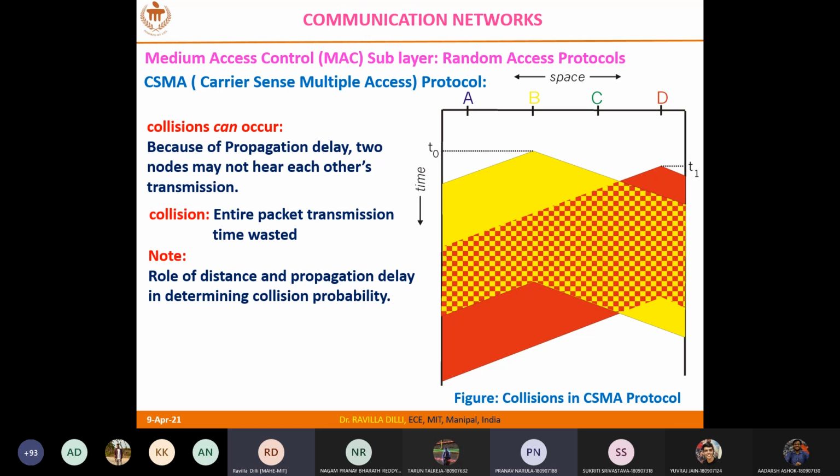For example, if we take A to D as the worst case scenario, and we take some buffer time greater than T naught, like T2 minus T naught, then if D senses whether it has received A's bits, only after that will it start its transmission, because in this case it's not happening like that.